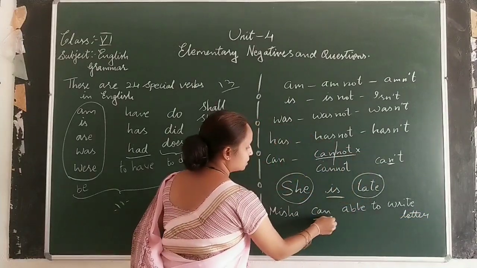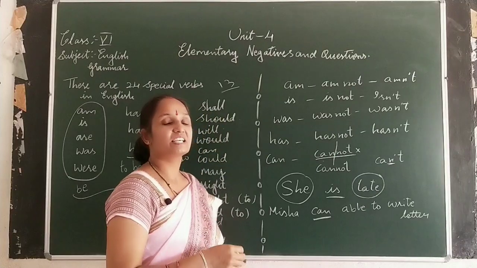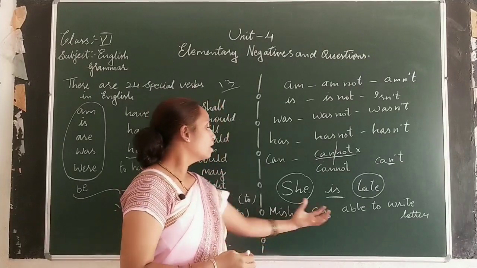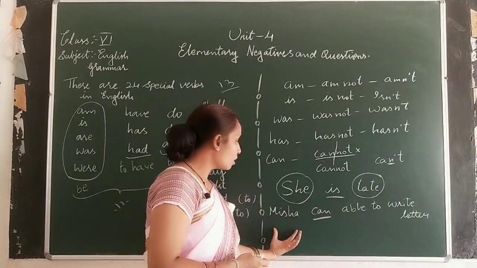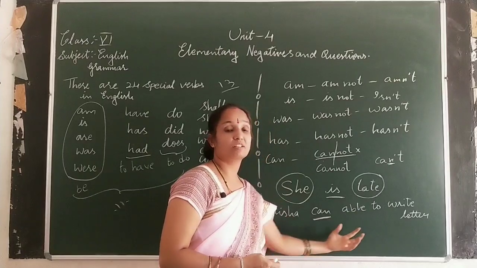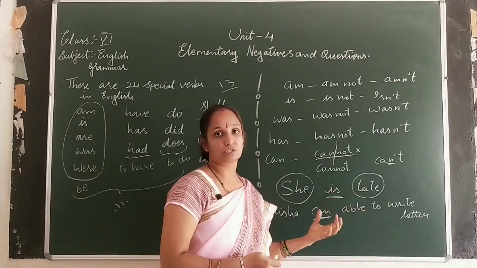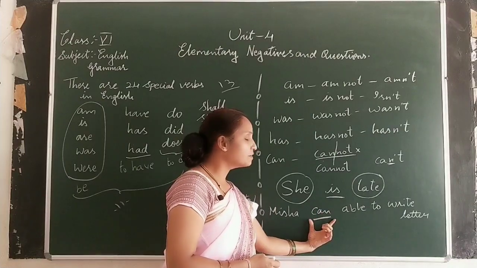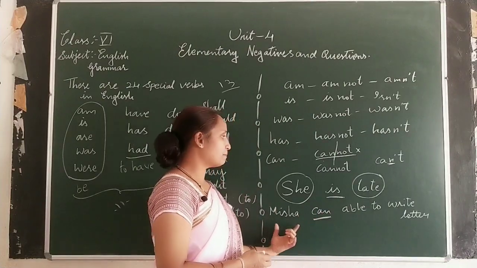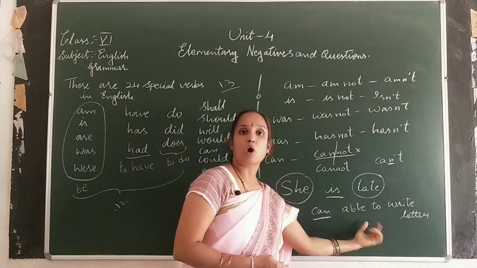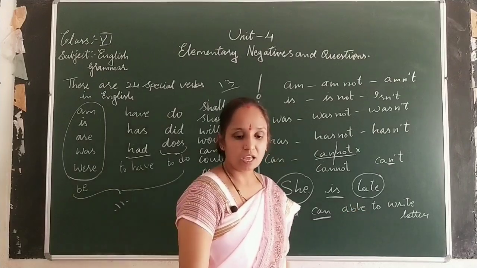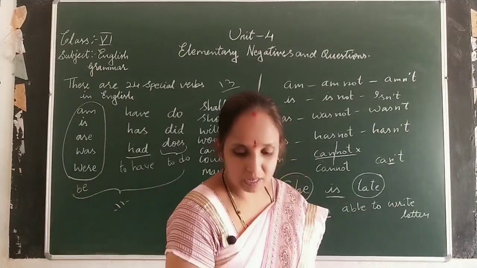So here this can is telling what Misha is doing, the work, the thing she is doing. It means it gives the connection between the subject as well as object. Okay children, there are a few more examples.